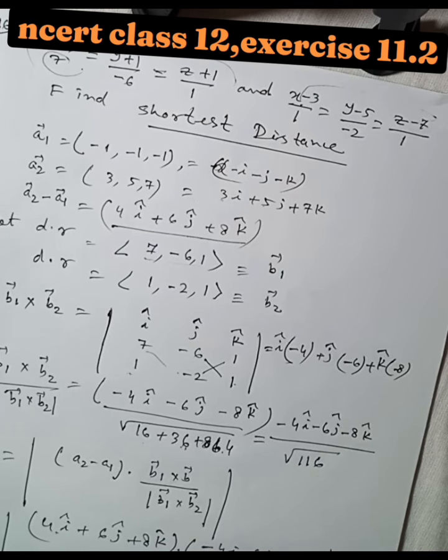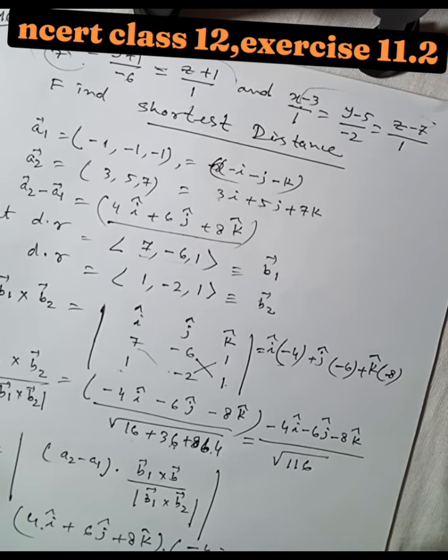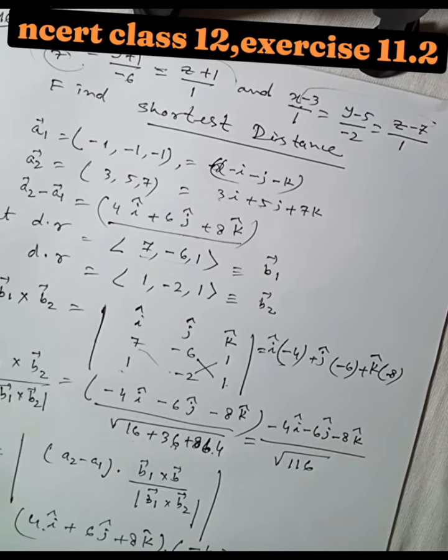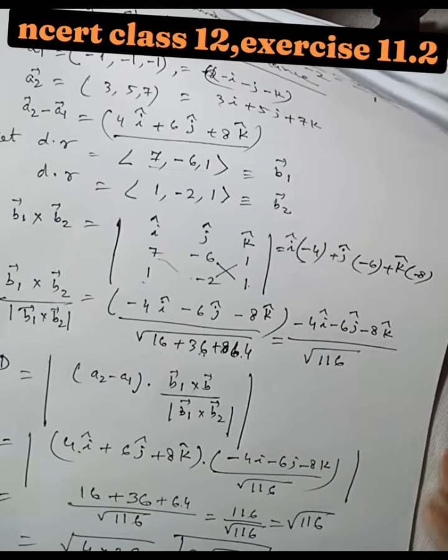This is the answer: the shortest distance between the two given lines is 2 root 29.